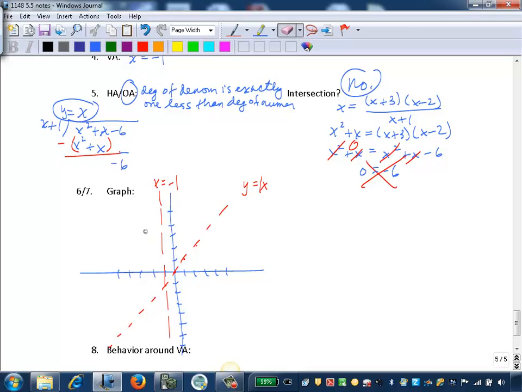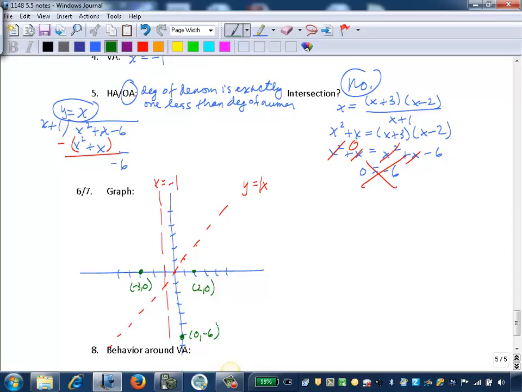So we're going to have a piece of our graph, a branch, either here or here, and then a branch either here or here. We can see on the calculator which ones it's going to be, but we can also use our intercepts to see that. So we have our x-intercepts of negative 3 and 2, and then we have our y-intercept of negative 6.